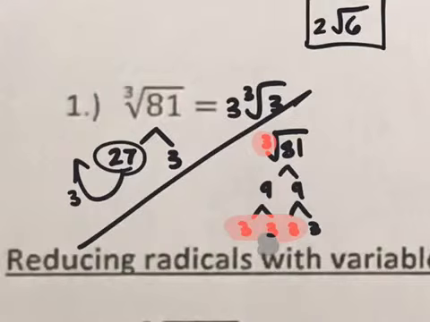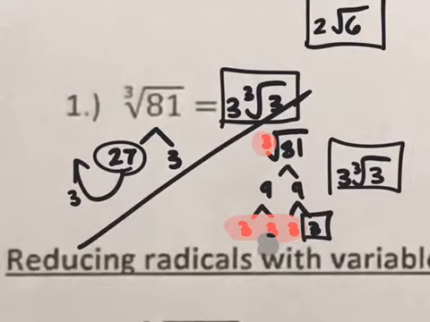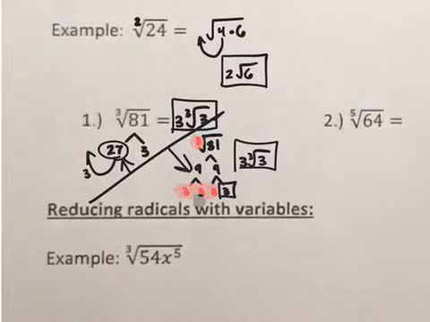And so that's where we're getting this 3 on the outside. Still the cube root. And then you can see this 3 didn't make it out. So there it is. And you get the same answer either way. It's just the tree diagram is for people who don't recognize when they've got perfect cubes in their situations. All right.